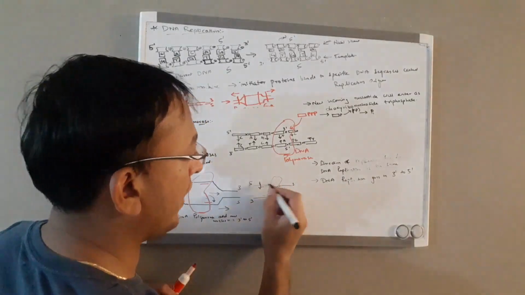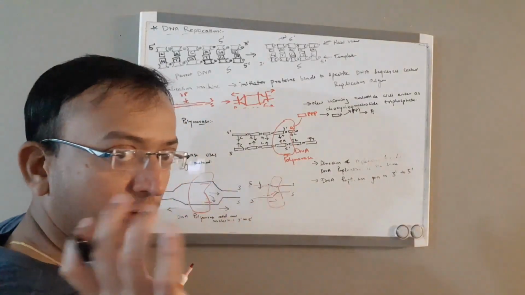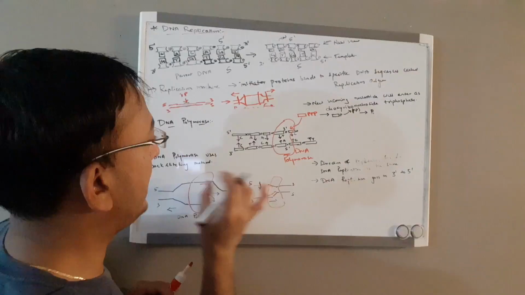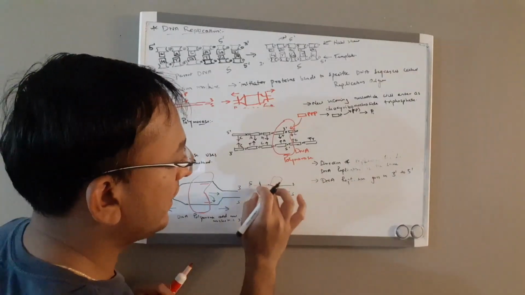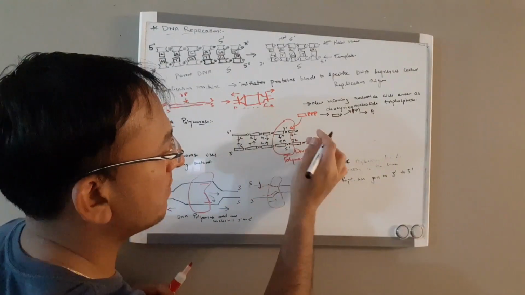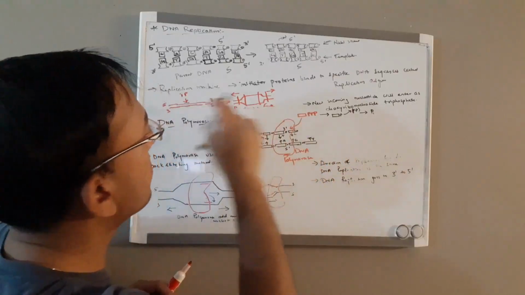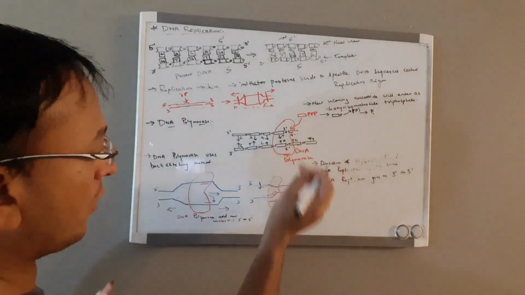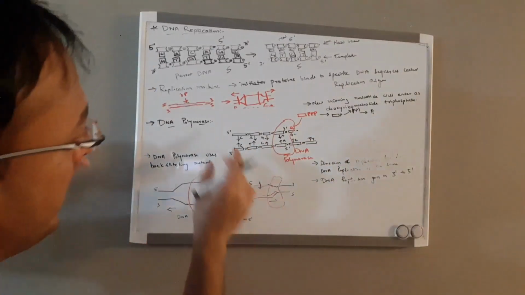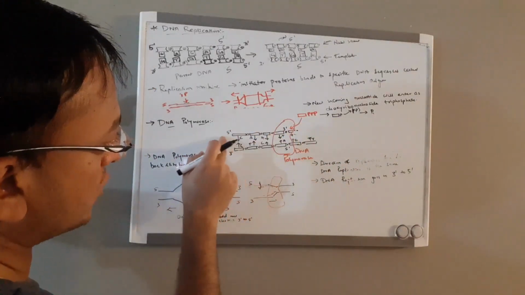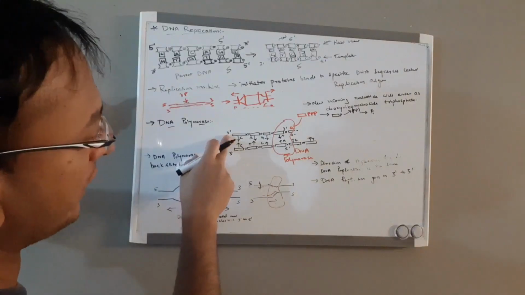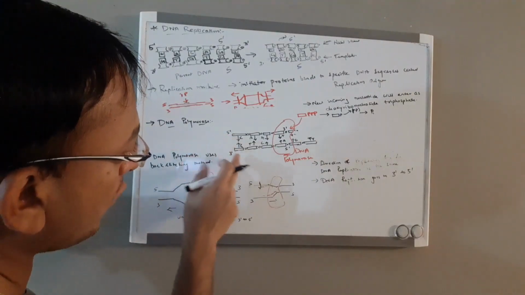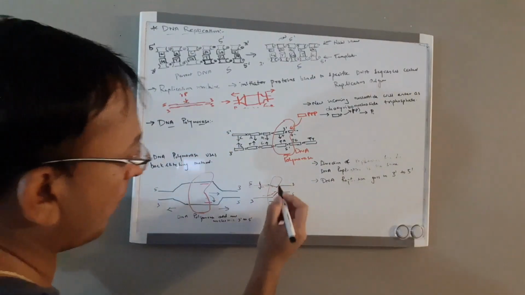These are called fragments. It drops the fragments, and the fragments are put together. For example, if we have this as a template strand, the new strand will be made by dropping these.